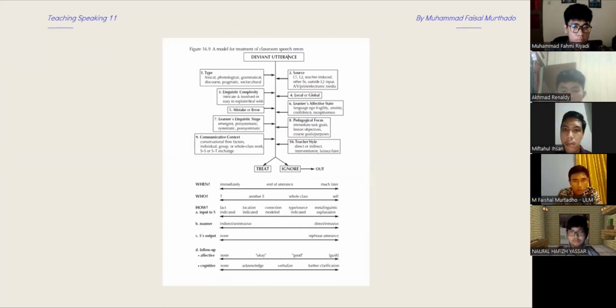Okay, this is an example in the book that shows a model of treatment of classroom speech error, from the deviant utterance or the initial mistake. We can see the priority of whether we should treat or ignore the error itself from type, source, linguistic complexity, local or global, previously mentioned, mistake or error.